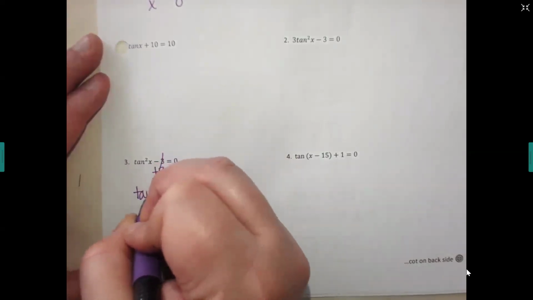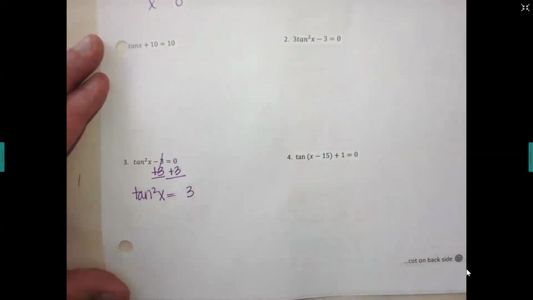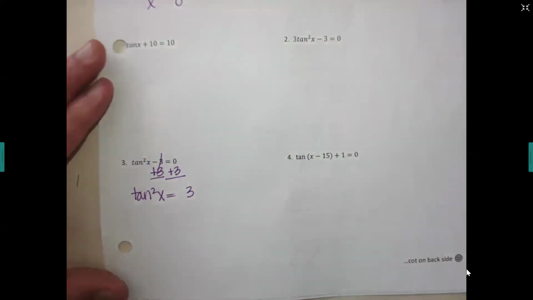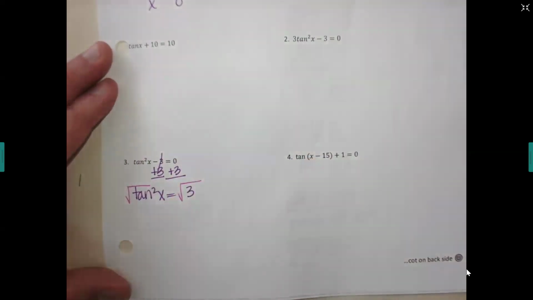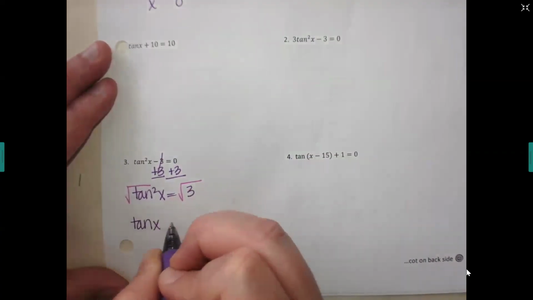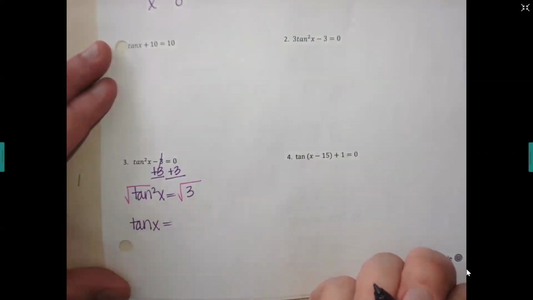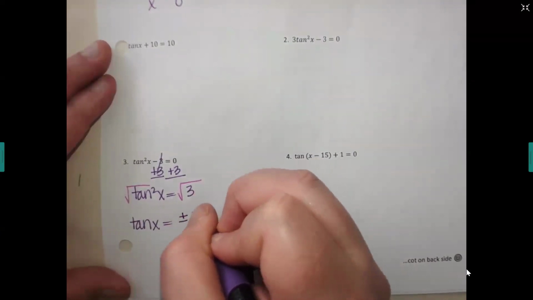So I have tan squared x equals 0 plus 3, which is 3. Next step, take the square root. And what do I put when I take the square root? And then on the other side, what goes in front? Plus or minus square root 3.